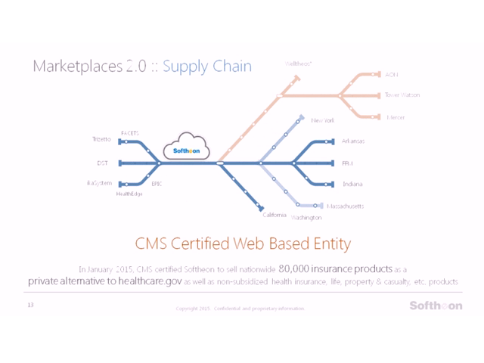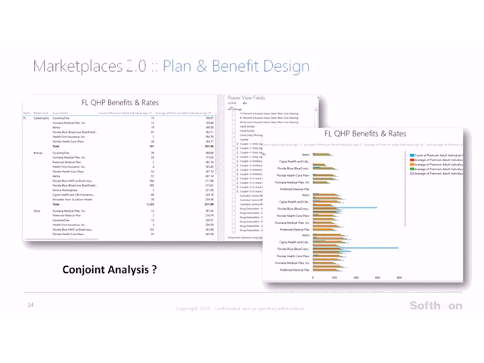The next essential element, the fifth element, is product design. The common wisdom over the years was that health plans went through serious underwriting processes and benefit design and administration. I don't know how many in the audience are familiar with the term conjoint analysis.